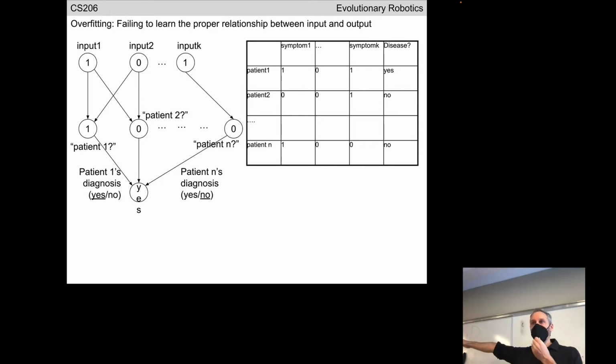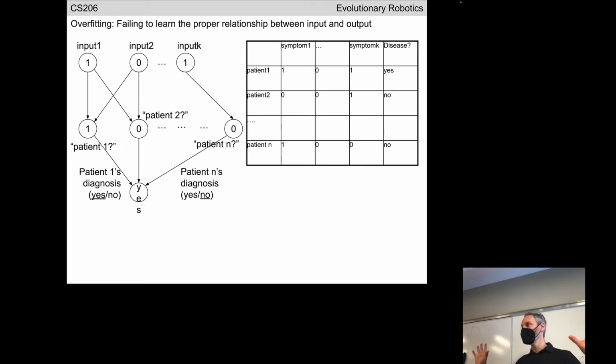If a neural network memorizes the symptoms and disease outcomes of N patients, that's a really bad thing, because if patient N plus 1 comes into the ER and we plug that new patient's symptoms into the neural network, it's going to predict incorrectly whether it thinks they have the disease or not.